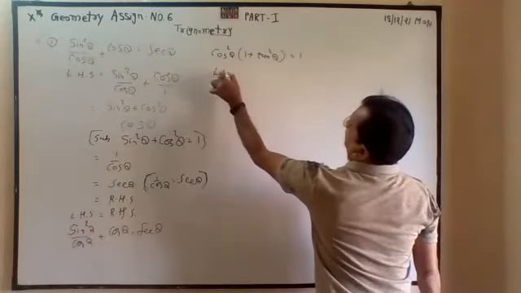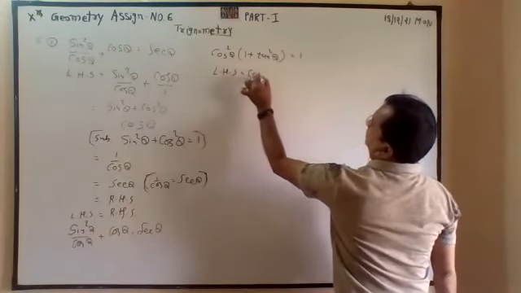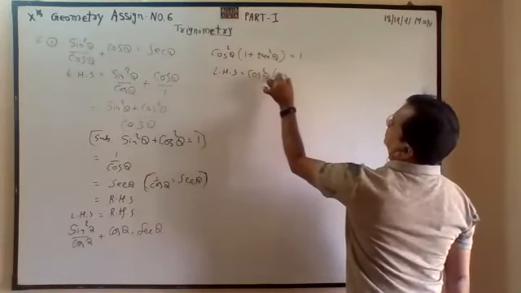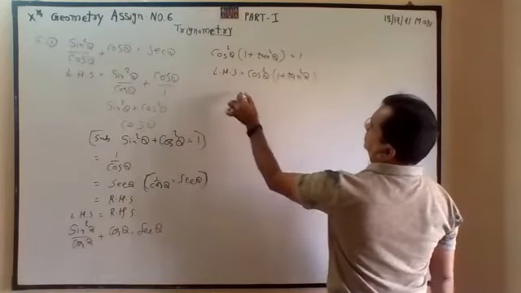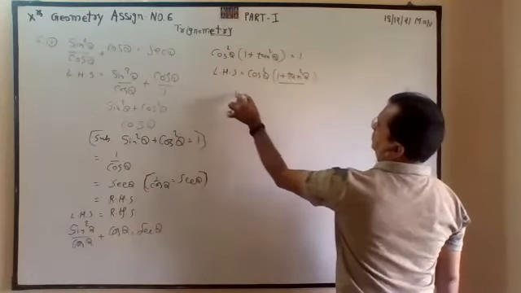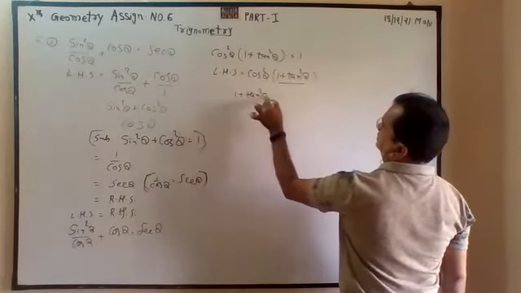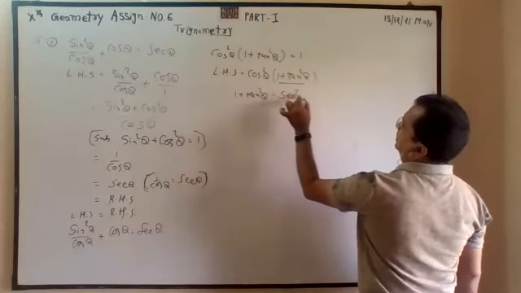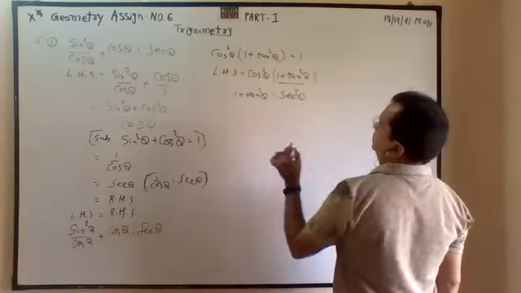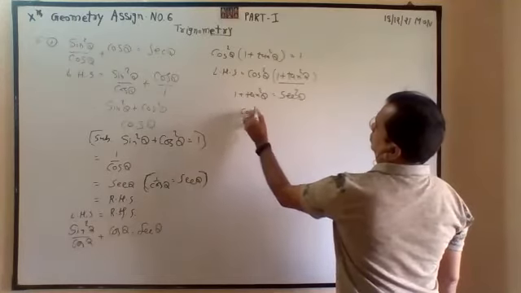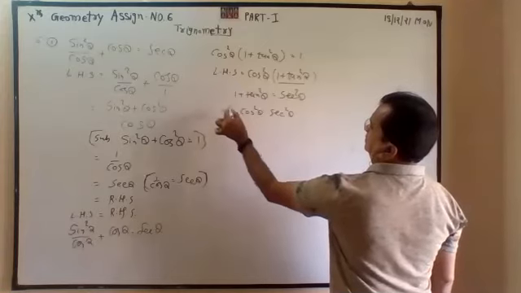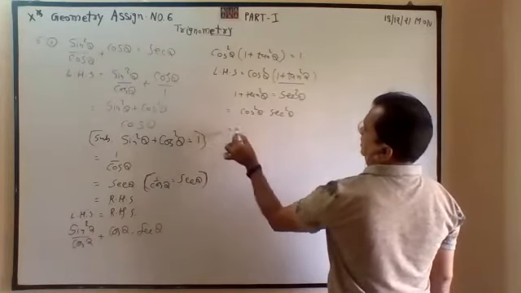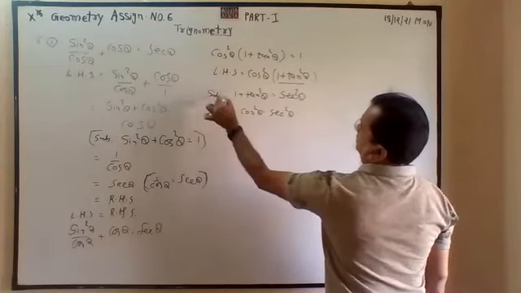So left hand side: cos square theta into 1 plus tan square theta. We know that 1 plus tan square theta is equal to sec square theta. So cos square theta sec square theta. Here you can write substituting.